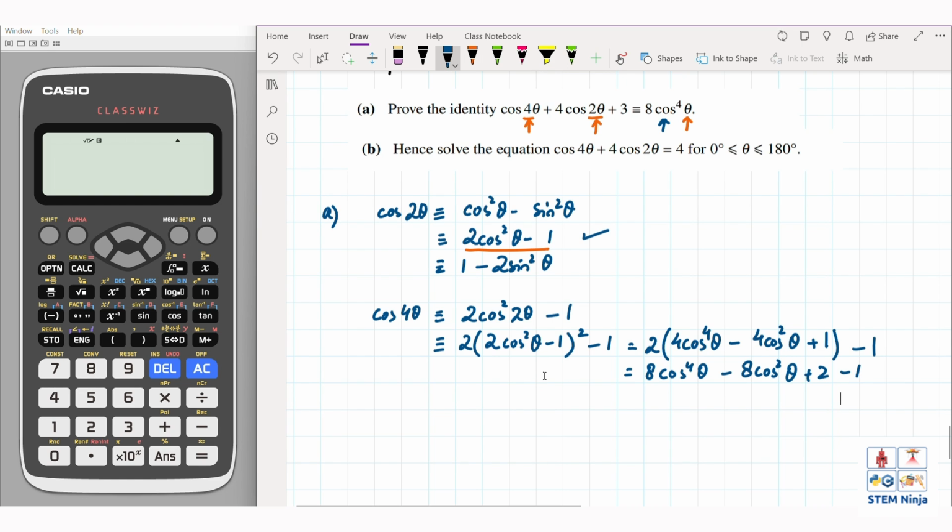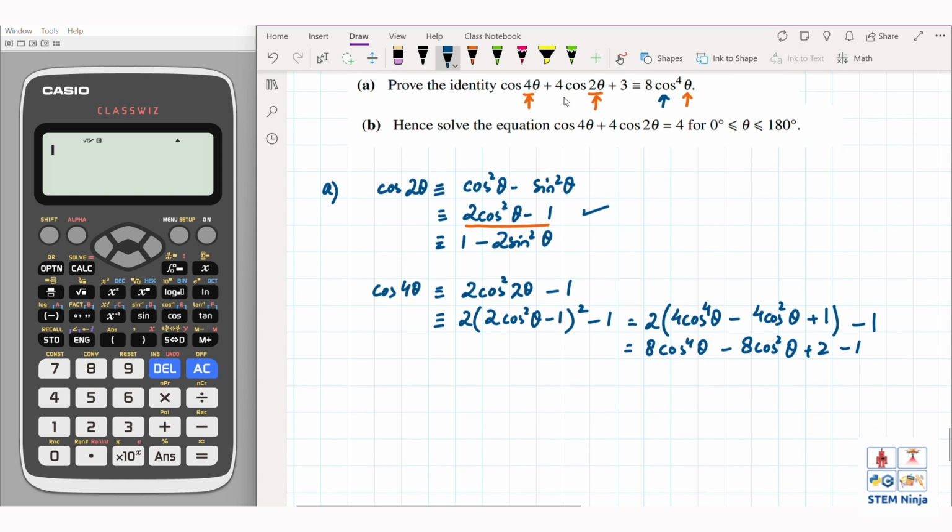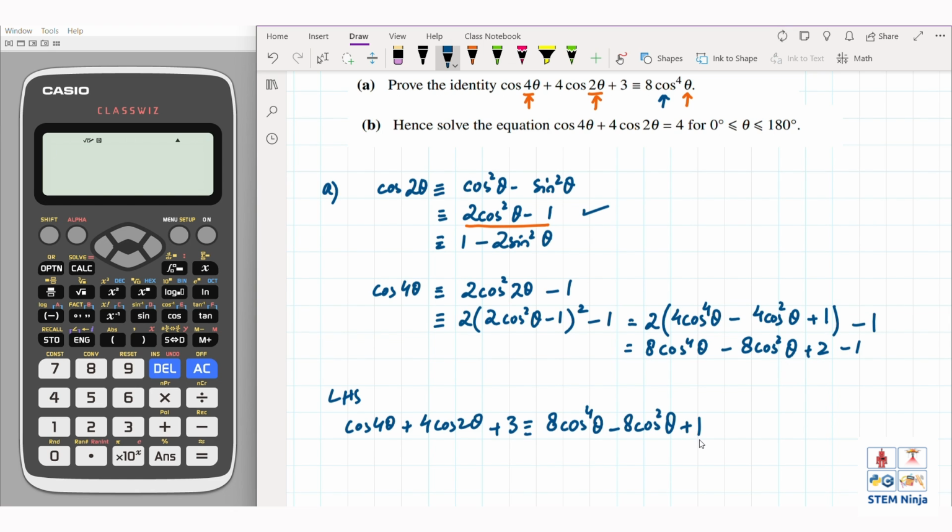Now we somehow need to figure out a way to add these together. So cos 4 theta plus 4 cos 2 theta plus 3, the left hand side, will be identical to this: 8 cos raised to power 4 theta minus 8 cos squared theta plus 2 minus 1, basically just 1.